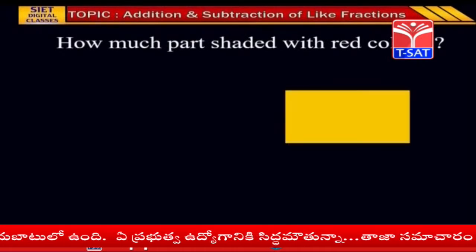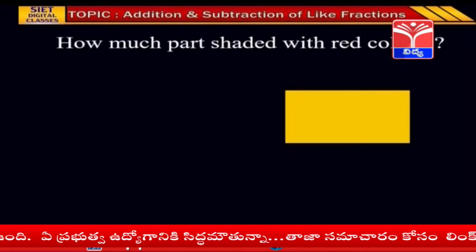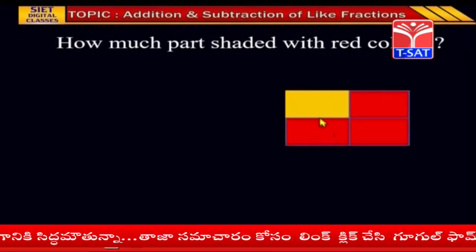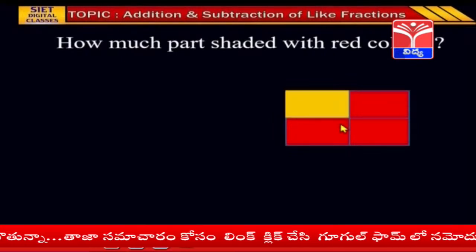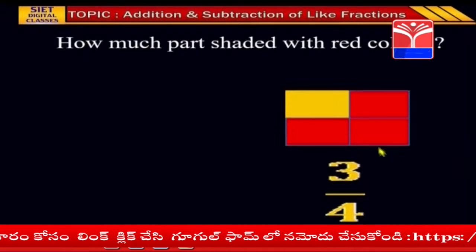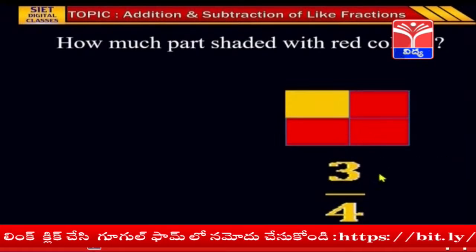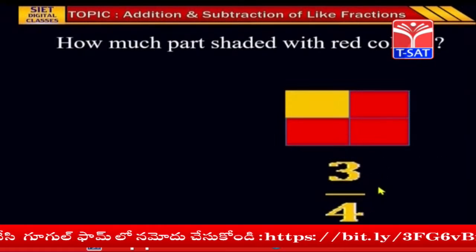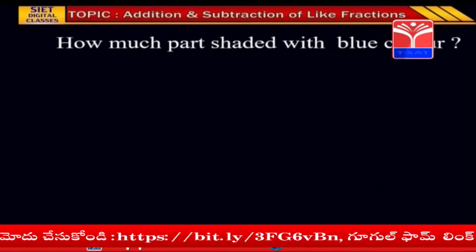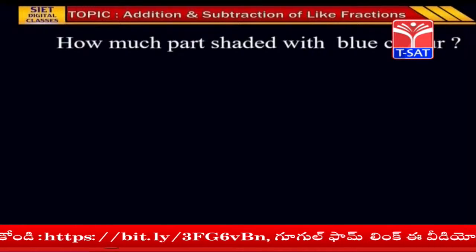See, one whole object is here, and how many parts is it divided into? 1, 2, 3, 4, totally 4 parts. So the red colored shaded part is 3 out of 4, which can be read as 3 by 4. Then next, how much part is shaded with blue color?